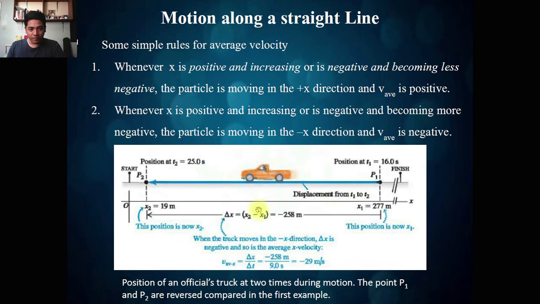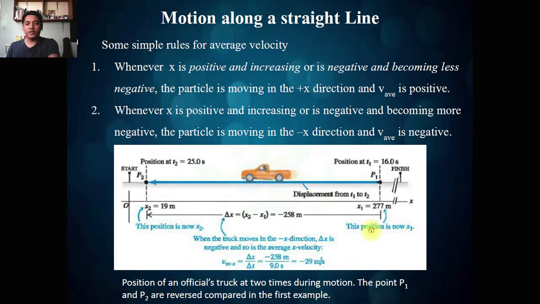Delta x is the answer we have gotten, negative 258 meters, divided by t2 minus t1, where t2 minus t1 is 25 minus 16, that is 9 seconds. If we divide these two, we get a negative answer, negative 29 meters per second. This is the average velocity of the truck from point 1 to point 2, from t1 to t2. It is negative because the truck is moving in the left direction, which we label as our negative direction.